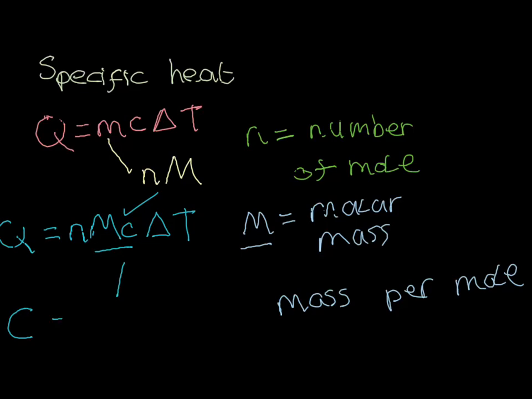And we call this the molar specific heat, or we can call it molar heat capacity. It's the same thing, so let's just say molar heat capacity. Then we can rewrite the equation. Let me go to another slide.